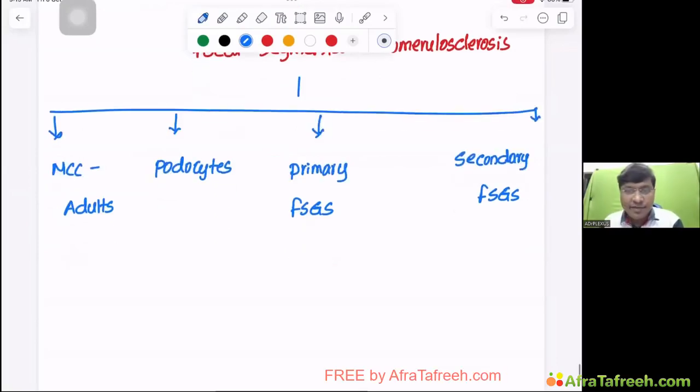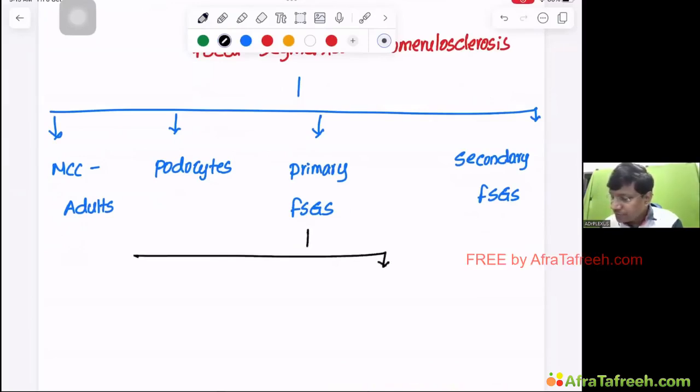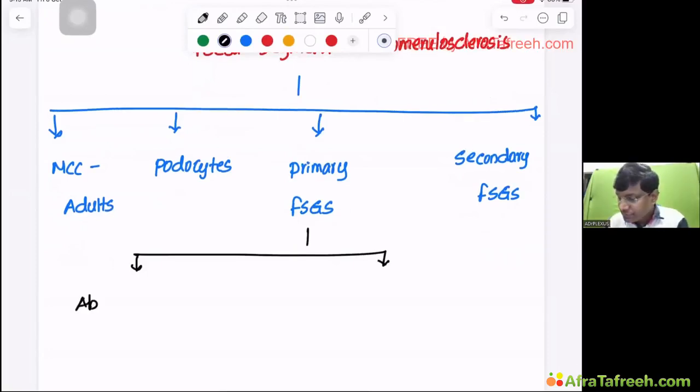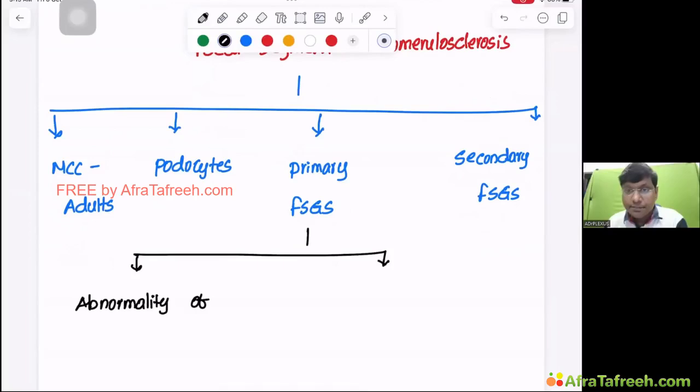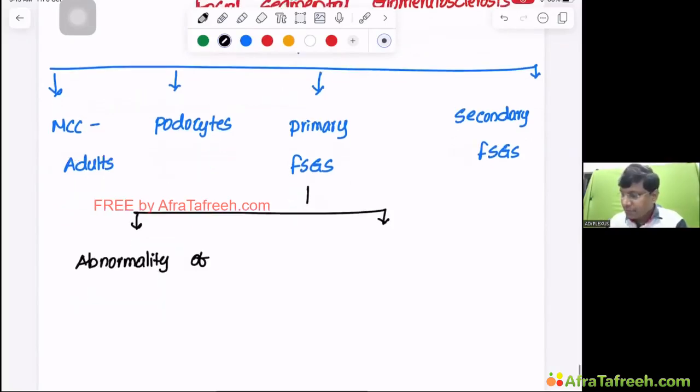Now, coming to primary focal segmental glomerulosclerosis, it is mainly because of hereditary or heritable abnormalities of several podocyte proteins.